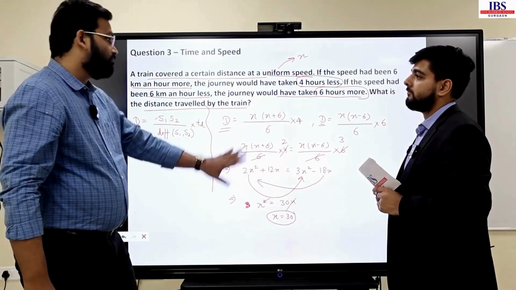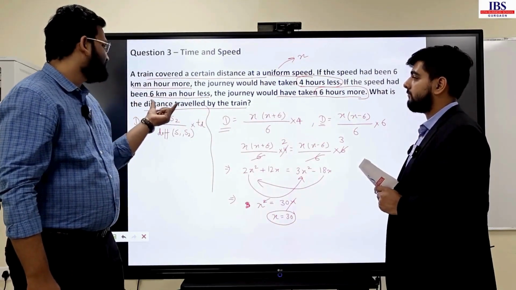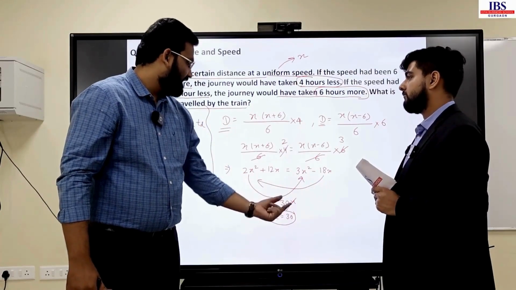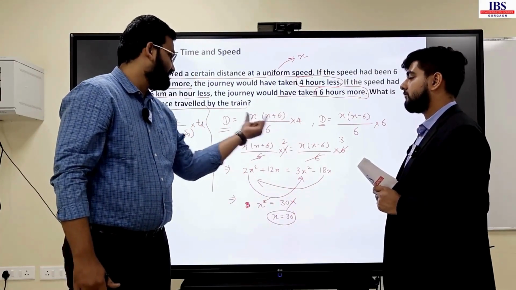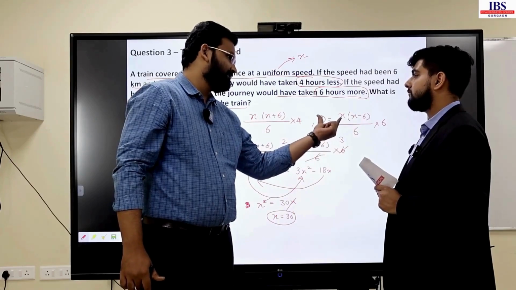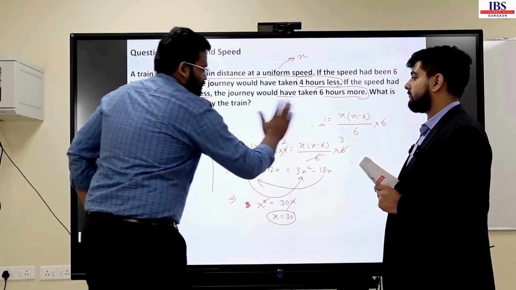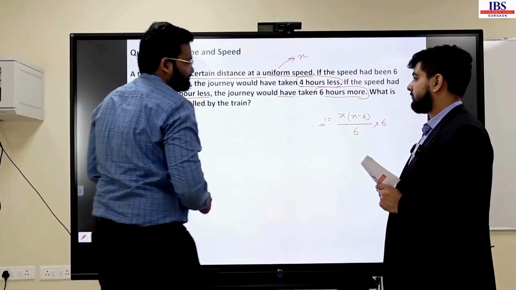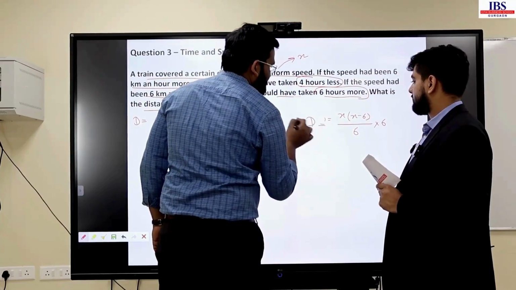Now what has been asked in the question? What is the distance traveled by the train? Since we have the value of x, either put this value in this equation and get the distance, or put the value of x in this equation and get the distance. Fine. So I am going to put the value of x equal to 30 in this expression.